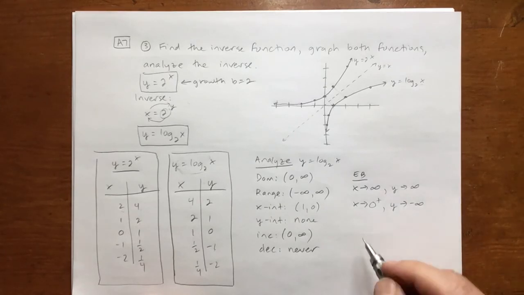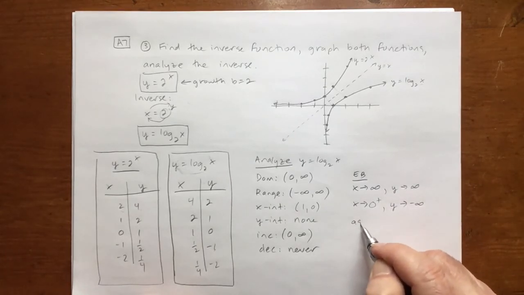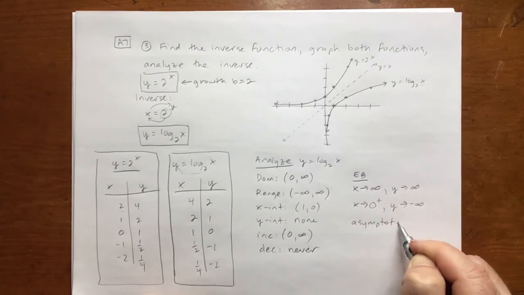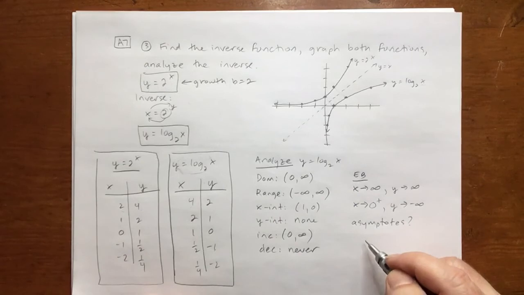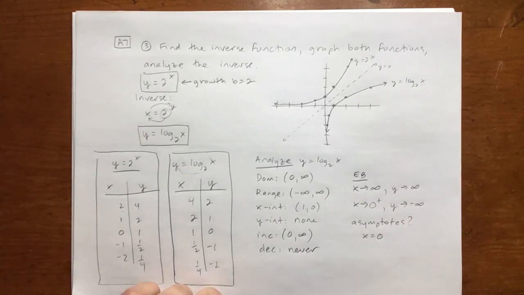And then the last thing I should include, are there any asymptotes? There is one. It's the y-axis. Write it as the equation of a line, x equals 0.